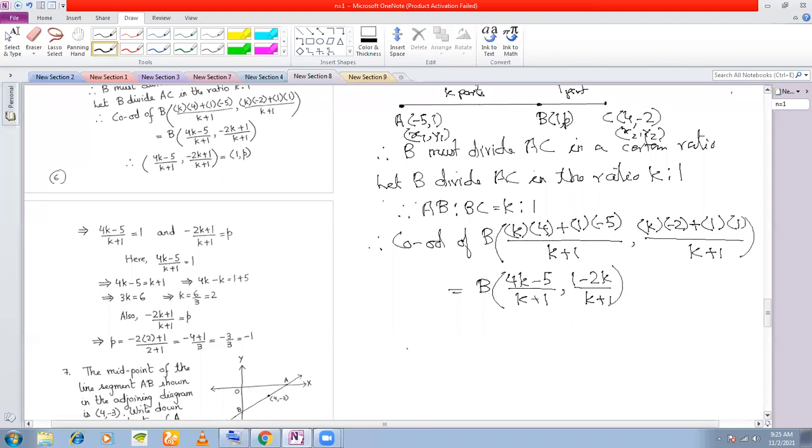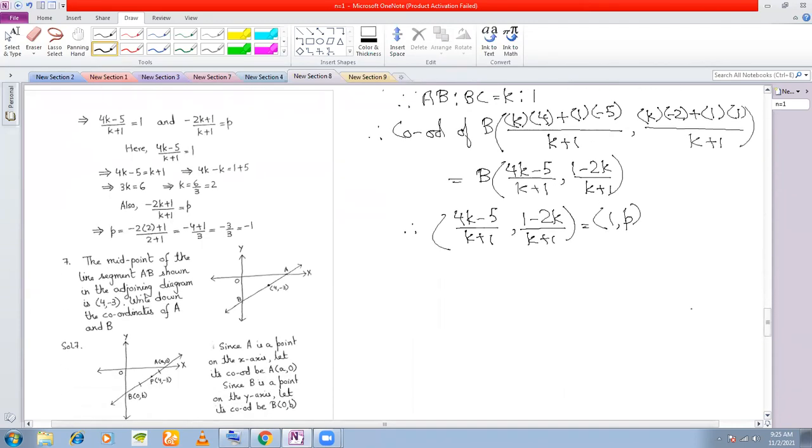But what are the coordinates of B given? Coordinates of B are given as (1, P). So the coordinate of B that we have got in terms of k must be equal to (1, P).